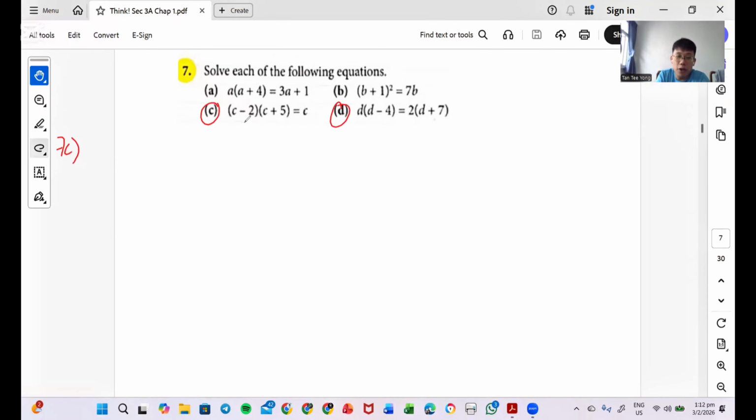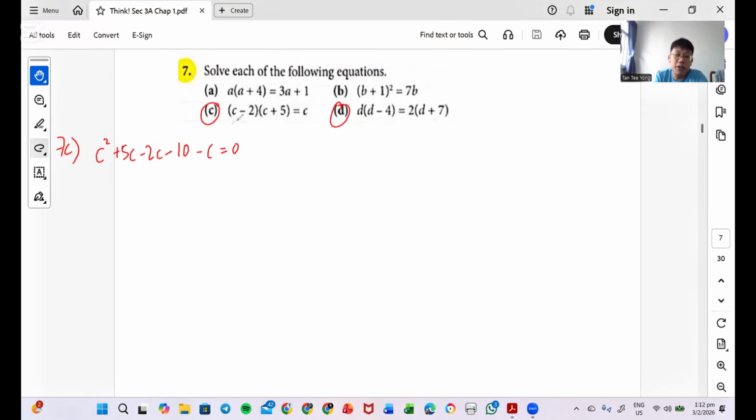For 7C, before we do anything, I need to expand out, because I want to do completing the square. So I'm going to expand out everything and put everything to the left, then complete the square. I know it's a bit long, but no choice, because I'm trying to teach you how to do completing the square.